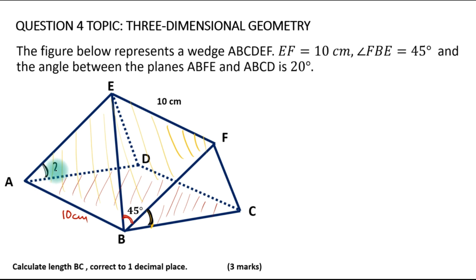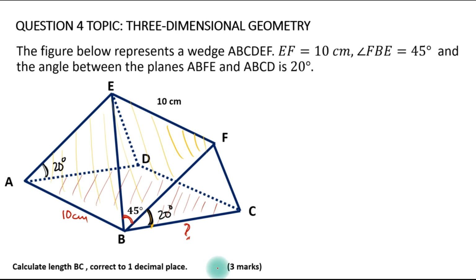This angle is 20 degrees. Therefore, we need to find BC to 1 decimal place.